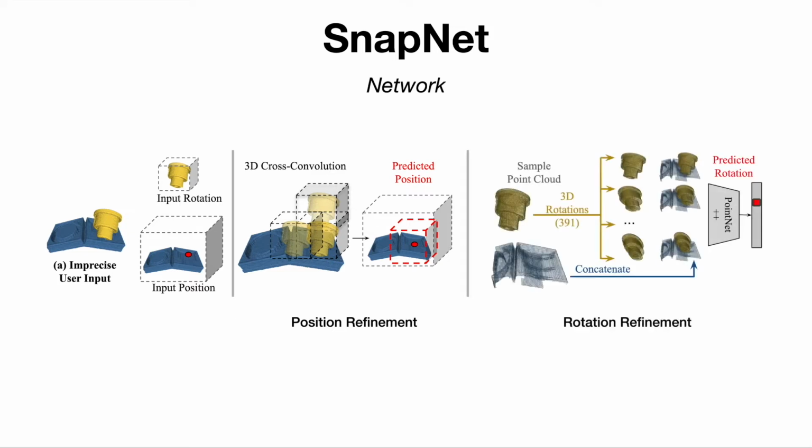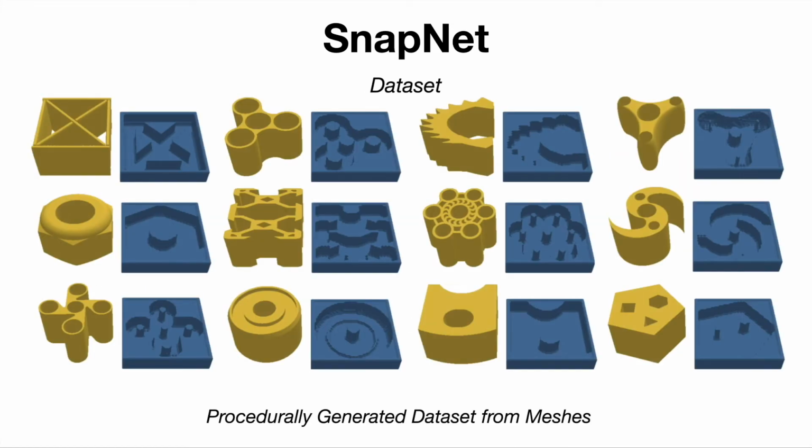For the rotation refinement, SnapNet samples rotations in the search space, rotates the object point cloud according to each rotation before concatenating onto the kit point cloud, and finally passes the concatenated point clouds to a PointNet++ encoder to obtain a predicted score. To train SnapNet, we generated a large-scale kit assembly dataset, Kit1000, that contains a diverse set of procedurally generated object kit pairs that mimic real-world kitting tasks.